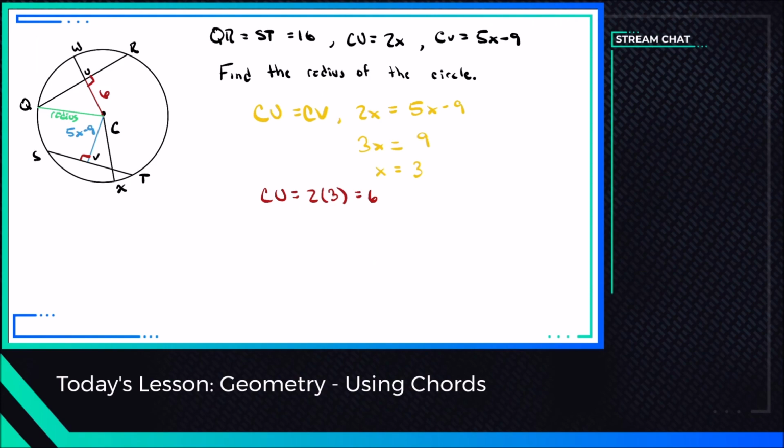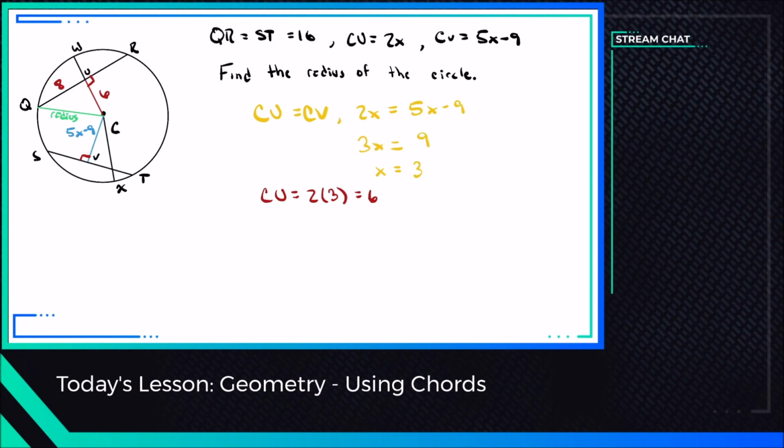Now, since this is perpendicular to this chord, and this is also a radius, we know that any radius or diameter that is perpendicular to a chord is going to bisect that chord. So this total length of 16 is going to get cut in half, so this other side, QU, is equal to 8.